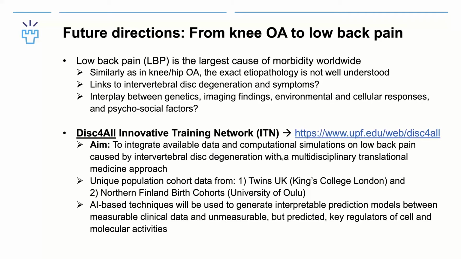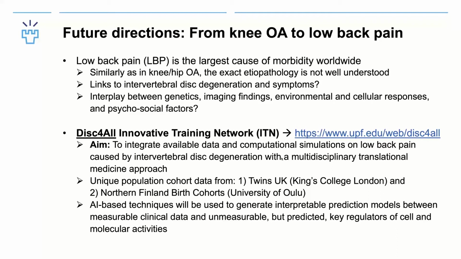And similarly as in osteoarthritis, it links, for example, to intervertebral disc degeneration, which by the way contains cartilage, and the spine contains bone, so the same tissue types that we have been looking at today, not exactly the same of course. Degeneration of those tissues and their links to symptoms is not very well known.